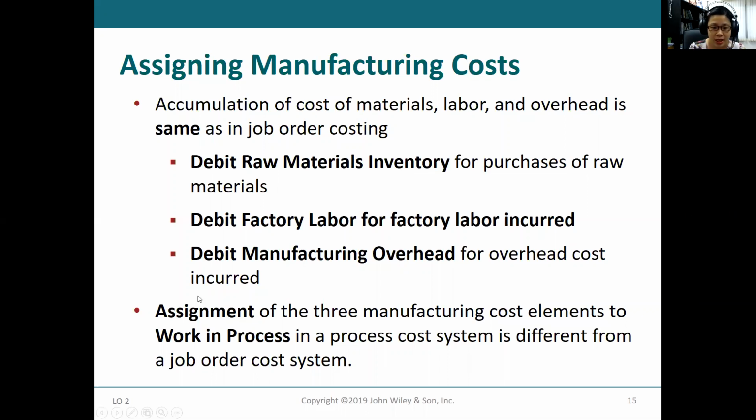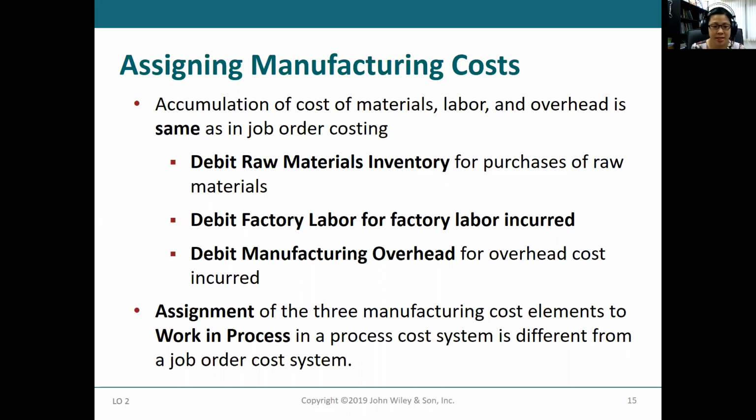If we incur factory labor, then we debit factory labor and credit factory wages payable or payroll taxes payable. And for manufacturing overhead, if it's incurred, we debit manufacturing overhead and credit various different accounts.